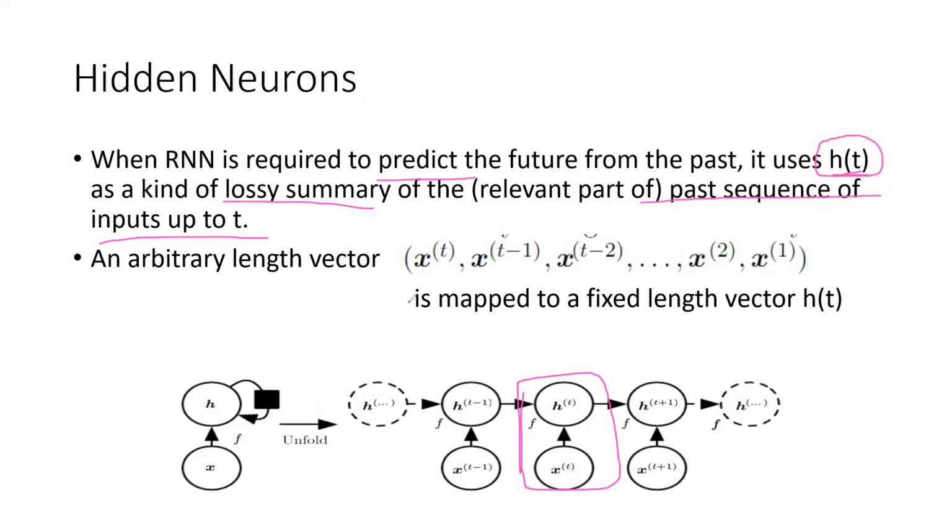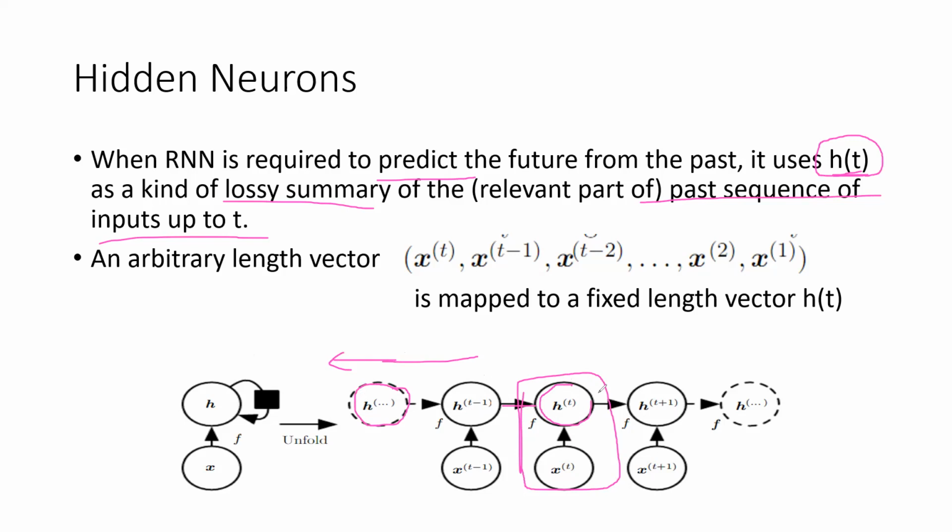The input signal coming in at HT incorporates the information of the hidden state across all the previous timestamps. So HT knows about T-1, T-2, T-3, T-4, T-5, T-6, all the way up to this neuron which starts the whole process.